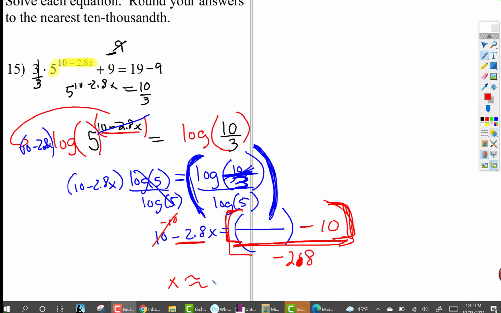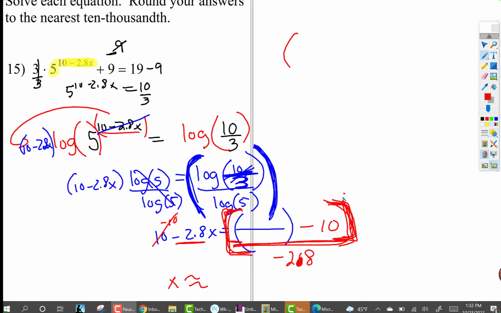So x is about, so let's see what we've got. So this is what I'm going to type in the calculator. I'm going to type left parentheses, and then another left parentheses, log 10, don't use the fraction button with logs, use divide 3, close that parentheses, then divide log 5, close that parentheses, close that parentheses, and now we're going to close this bracket, so close that parentheses, and then divide negative 2.8.